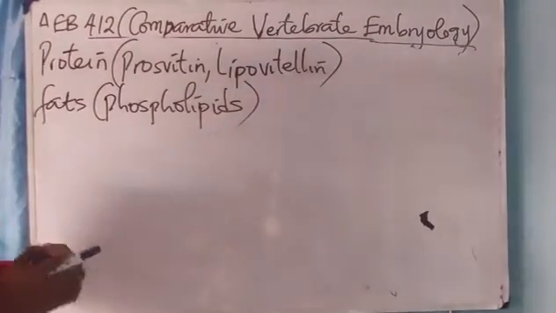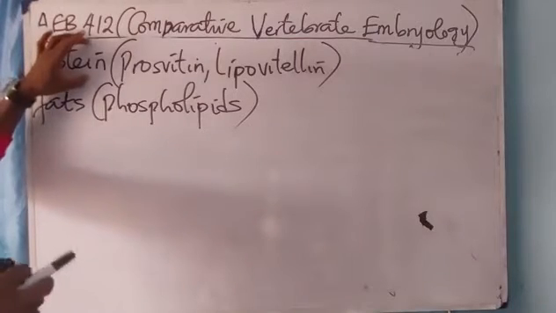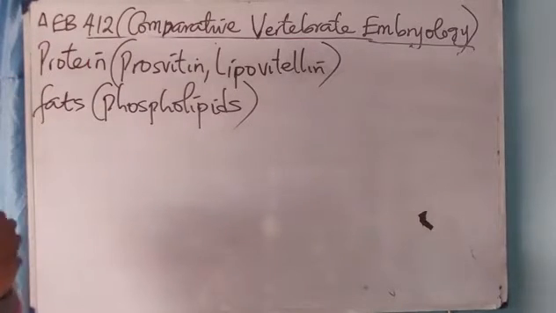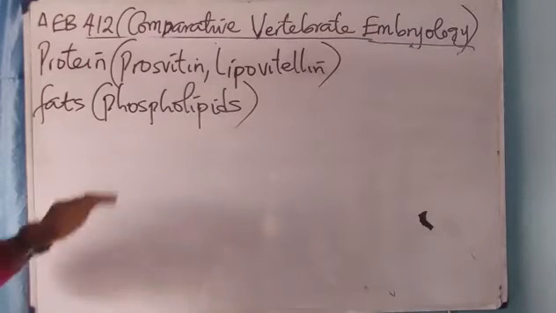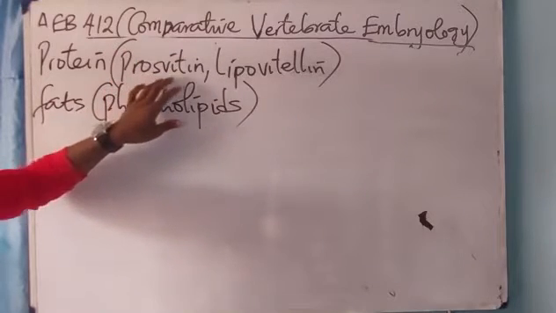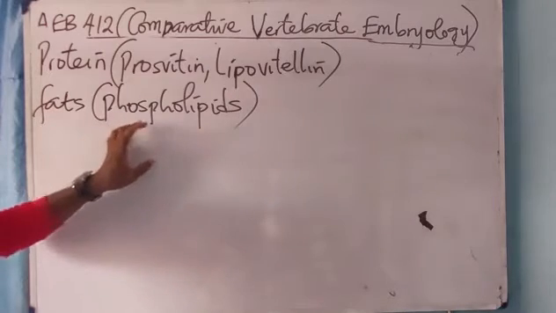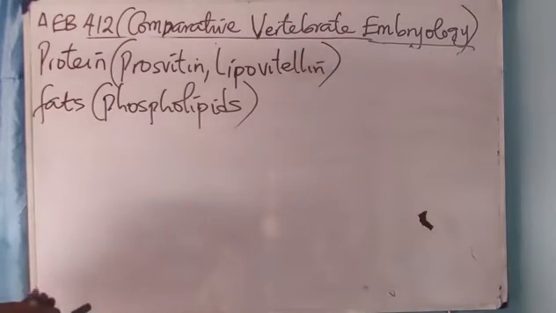Now, the yolk has protein and fats. The work of the yolk is to provide nourishment for the egg. It is nutritive in function. These proteins are prosvitine and lipovitelline, while the fat is the phospholipids.